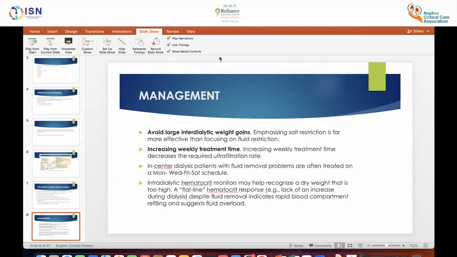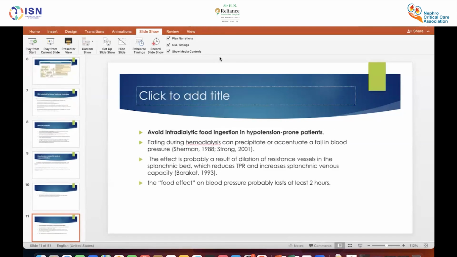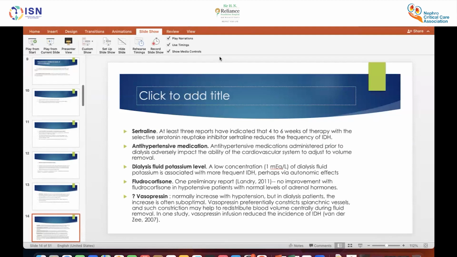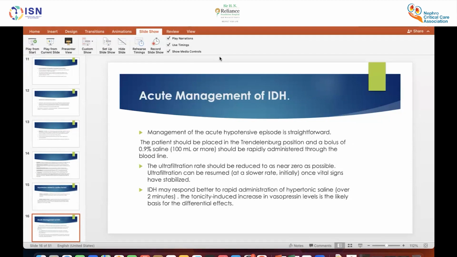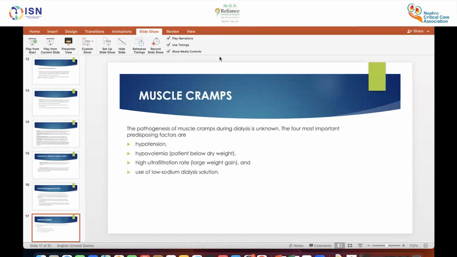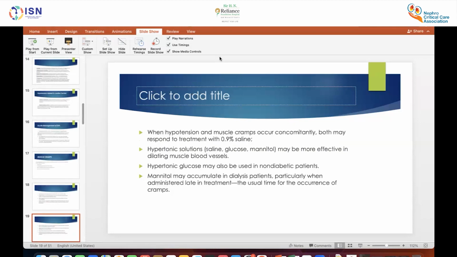Okay. So now next, Usha, that is regarding the sodium profiling. Dialyzed sodium, you have mentioned one. One is calcium, you have mentioned. The other one is dialyzed sodium. Sodium modeling, yes.